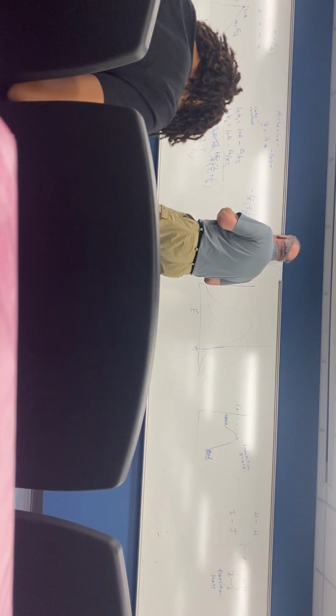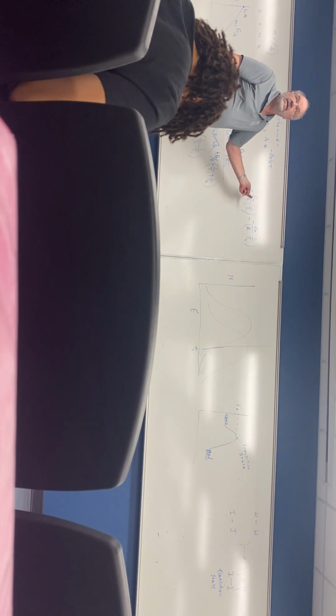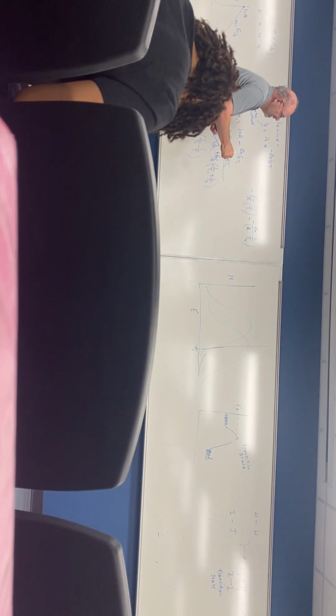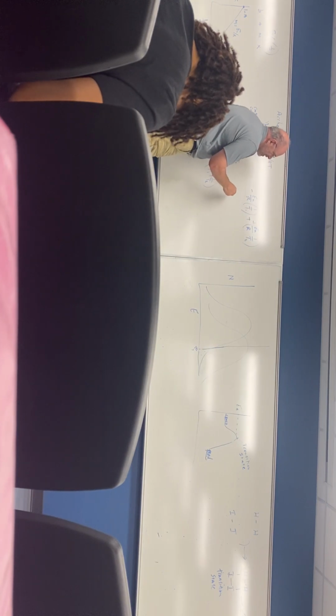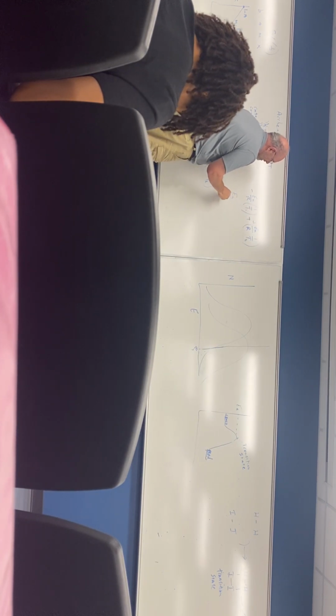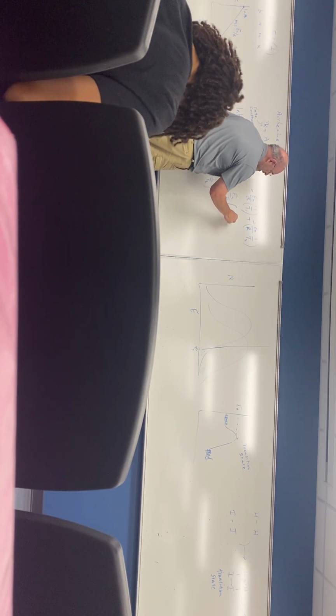That's how that actually works out, right? And so that's where your minus comes from. So you end up with EA over R times 1 over T2 minus 1 over T1.